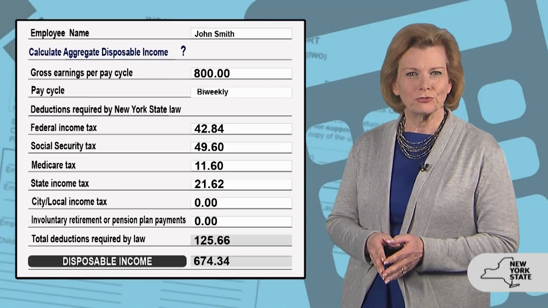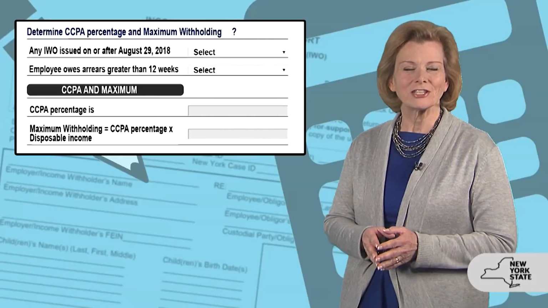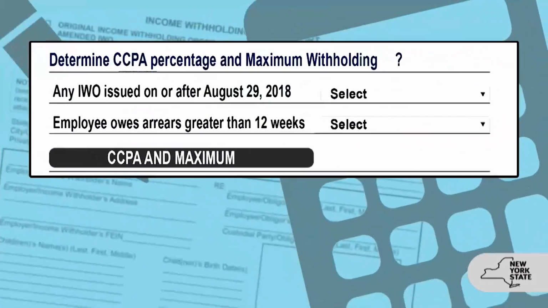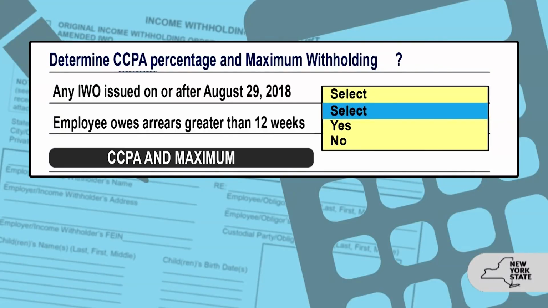Now, we'll move to the next section of the calculator, Determine CCPA Percentage and Maximum Withholding. As discussed in our first scenario, use the drop-down box to answer the question, any IWO issued on or after August 29, 2018.